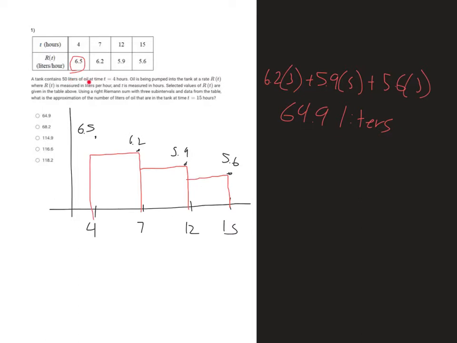But we started with 50. So the number of liters in the tank is 64.9 plus 50, which is 114.9. Because we started with 50 and then we added to that 64.9. The 64.9 is just how much we've accumulated because we're pumping oil in. All right, so that is the first question.